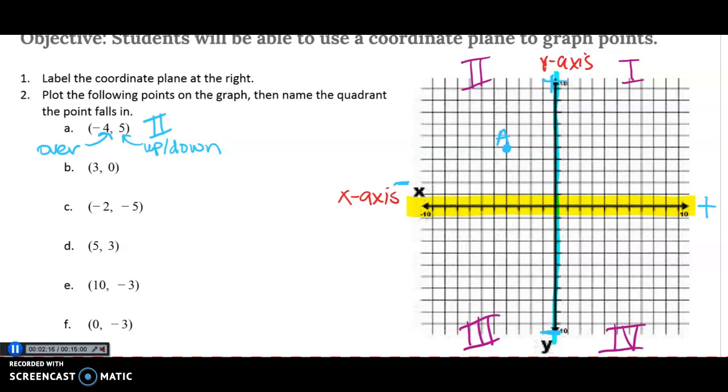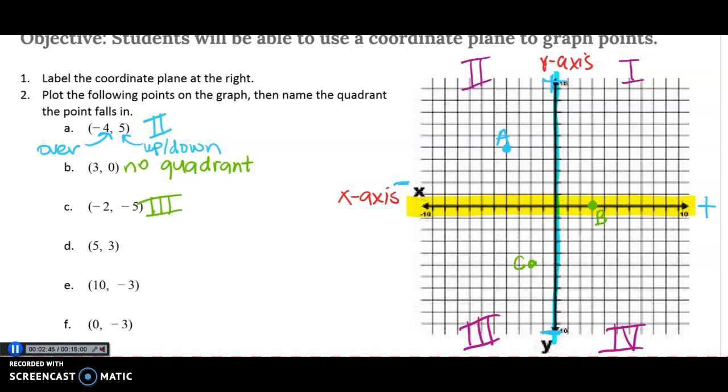So that means I'm going to go over 3 to the right and not go up or down any. So B is on the x-axis. Since it's on the axis, it is not in a quadrant. The point negative 2, negative 5 tells me to go to the left 2 and down 5. So that is point C, and that is in quadrant 3.